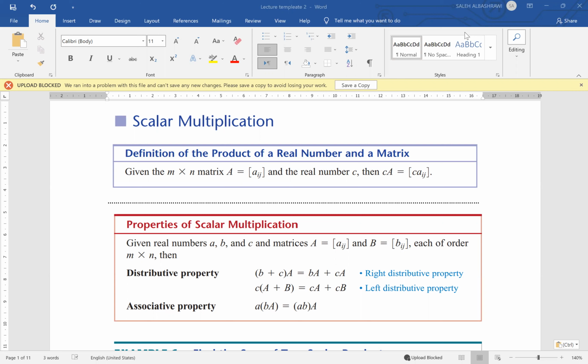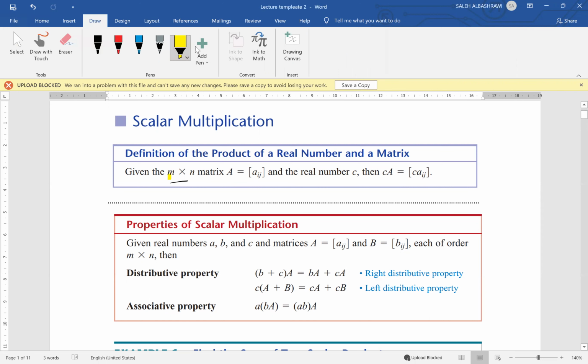Starting with the definition of the product of a real number and a matrix, if we are given a matrix A with order m by n or size m by n, written in this notation, A equal to matrix A sub ij, and a real number C. In this definition C is just a real number, it is not a matrix.